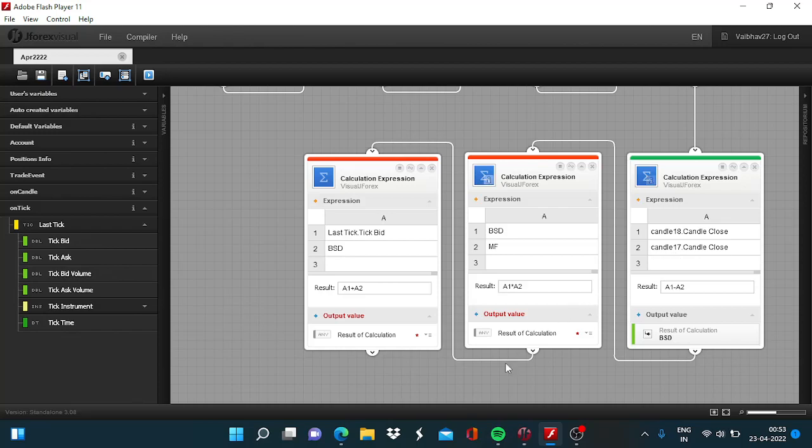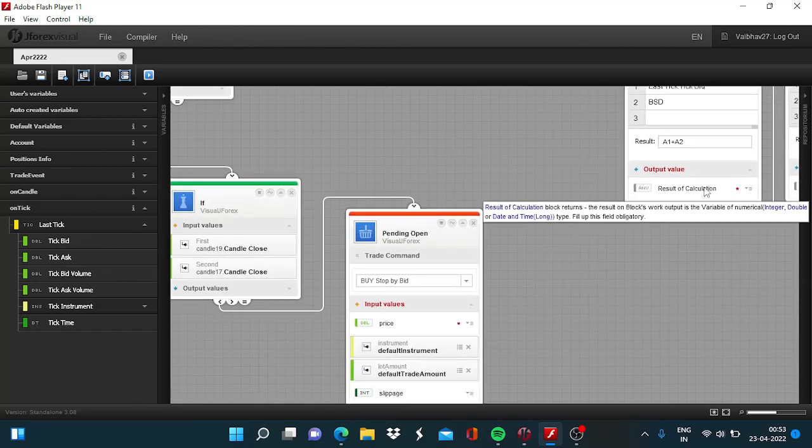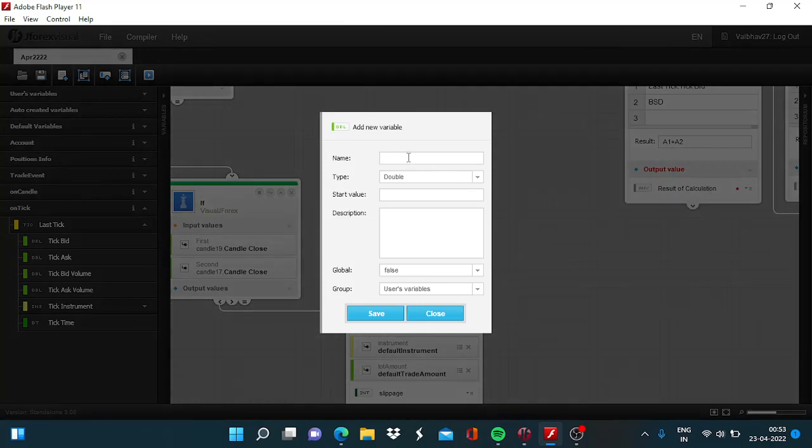Candle 18, candle 17 difference, and this will be our buy execution point. So I will name it BEE. All right.